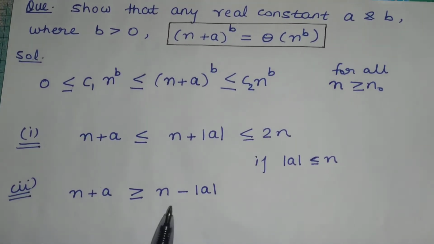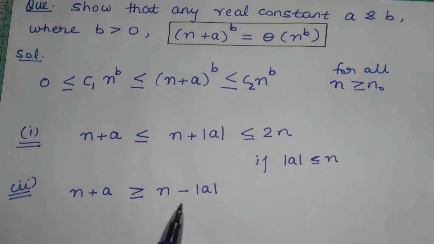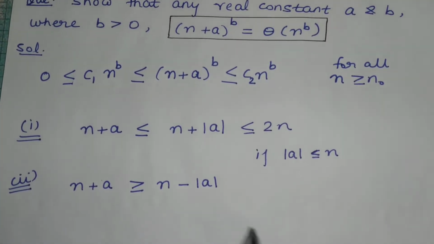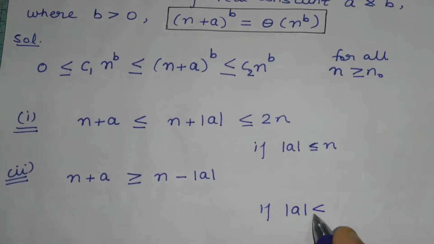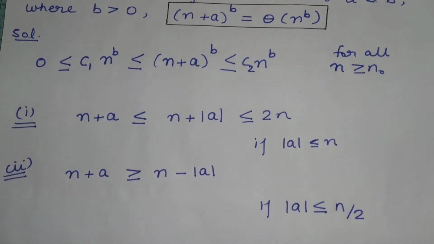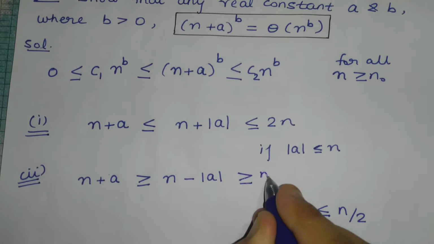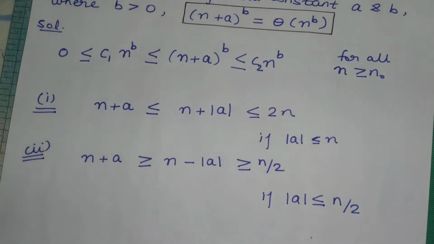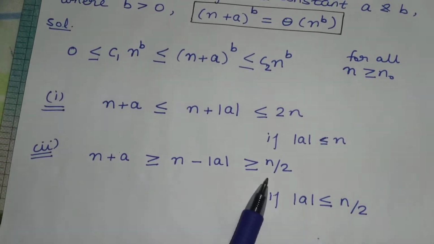Now to prove this term as a smaller term, what will we replace |a| with? If we put |a| less than or equal to n by 2, then for this term, n minus |a| is always greater than or equal to n by 2, since n minus n by 2 is n by 2 only.